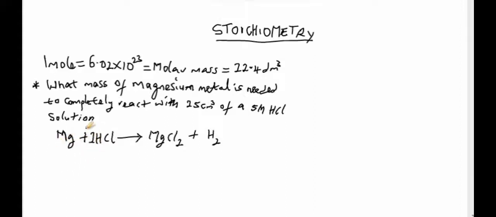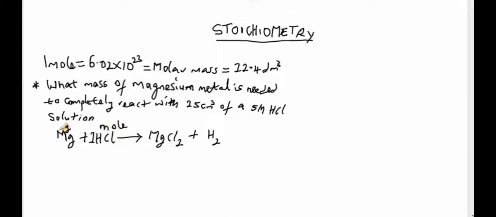Now we are concerned with magnesium. Here they asked for grams of magnesium, and here they gave the volume and molarity of the acid, so it is easier for us to convert this to mole. We will leave the acid as mole and convert this to gram.